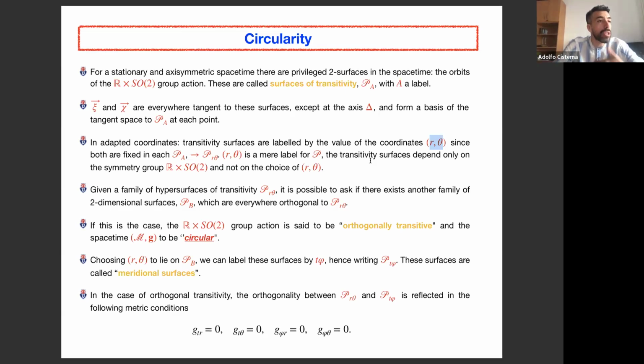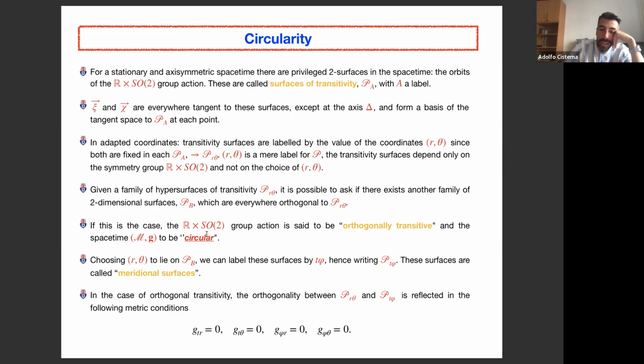In the process of defining a spacetime that satisfies this property, many of the other components of a general non-circular stationary and axisymmetric spacetime vanish. Because of asking for the existence of these meridional surfaces always orthogonal to the surfaces of transitivity, these components can be made to vanish, reducing much more the line element with which you will be working. When this is the case, we say that the action of this group, R times SO(2), is orthogonally transitive, and that this spacetime is circular.